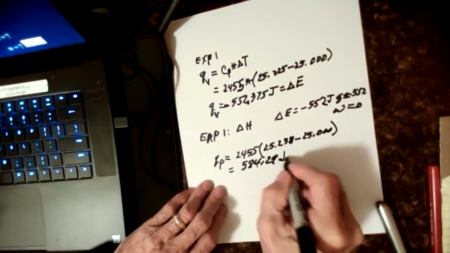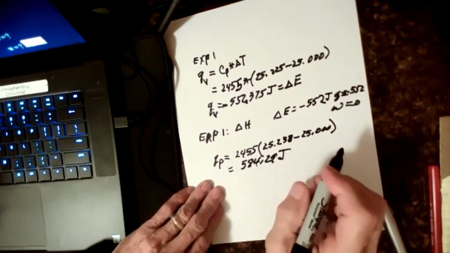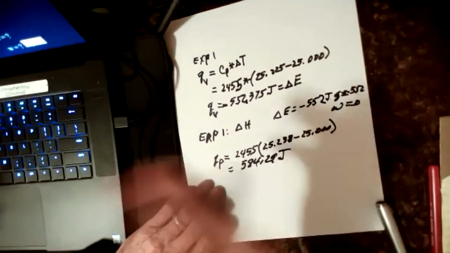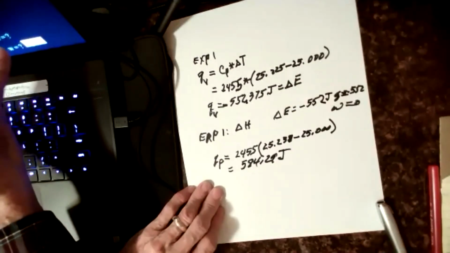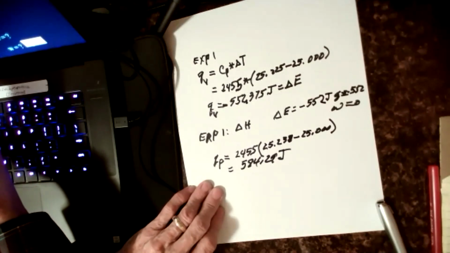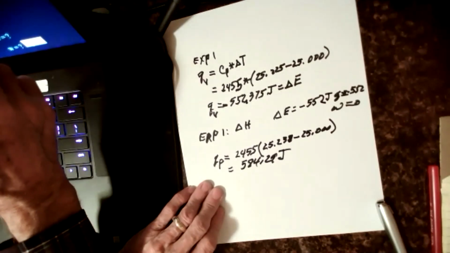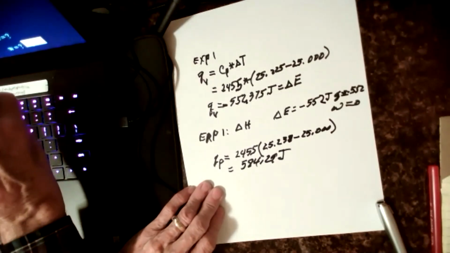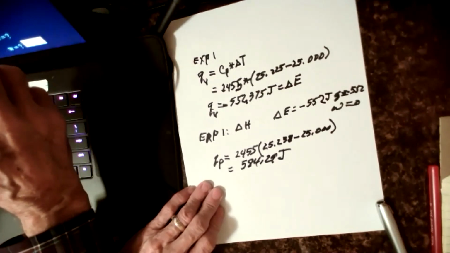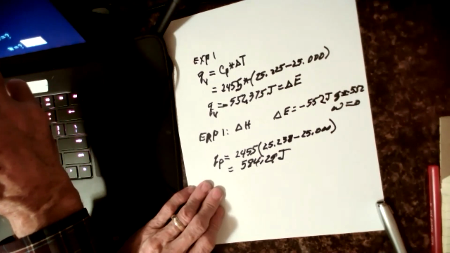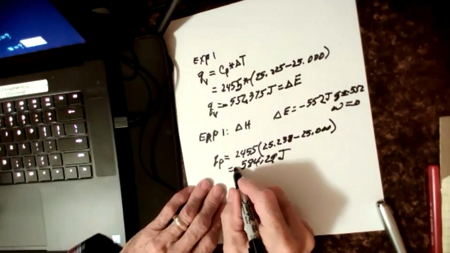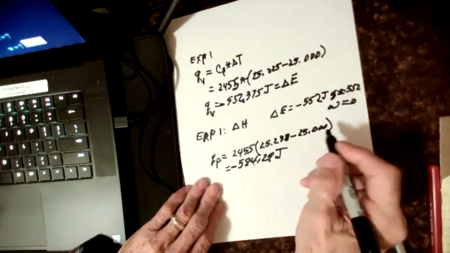So this is 584.29 joules. And now what's the sign? Again, I'm looking back at the picture. The final temperature with the thermometer outside the system was higher than it was before. So heat came out of the system to where the thermometer was. And when heat comes out of the system to the thermometer, that's heat coming out. So that's negative also. The heat flow is negative.